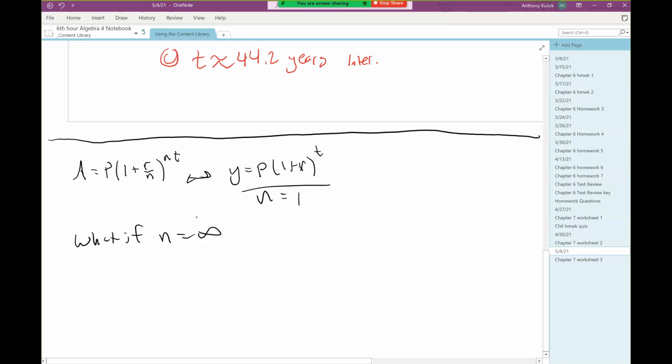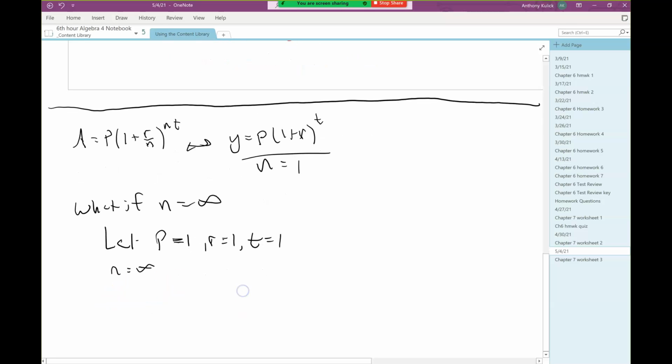It's always changing. So let's do this. Let's pick P to be 1, R to be 1, and T to be 1. And then let's see what happens when n goes to infinity.